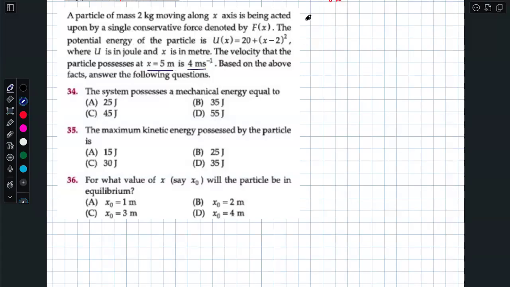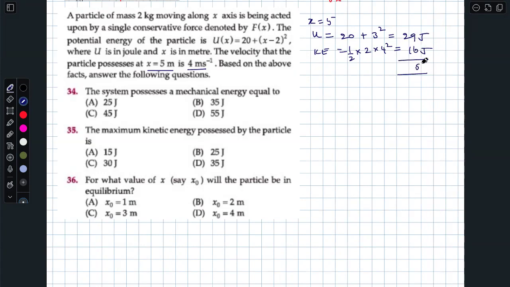First of all, at x equal to 5, what is U? 20 plus (5 minus 2) whole square, 29 joules. Kinetic energy is half into 2 into 4 square, 16 joules.